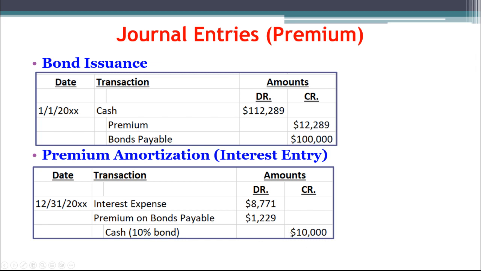So we're going to credit cash because we're actually paying it. We already have one of the debits for the premium. The other debit, the big debit here, is going to be to interest expense, and it's just going to be a plug figure. It's the amount we need to debit so that our total debits and total credits balance out.